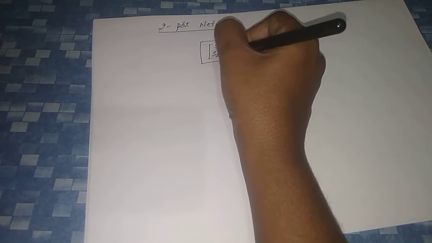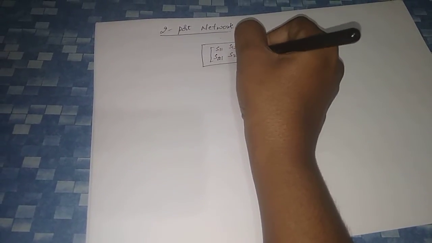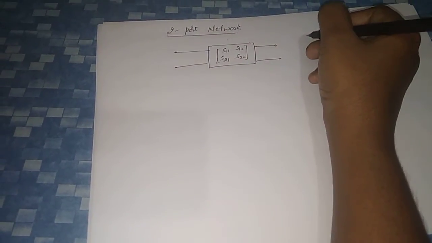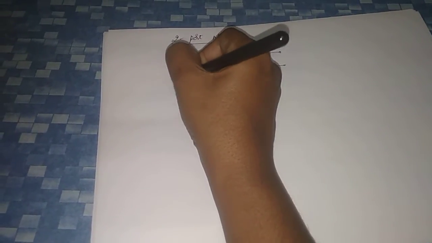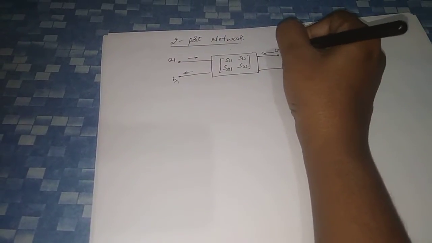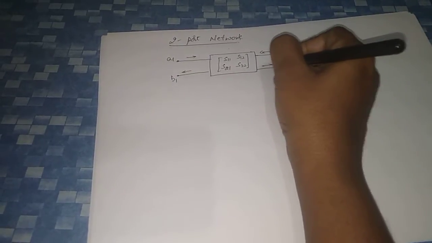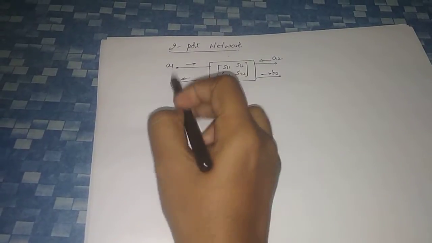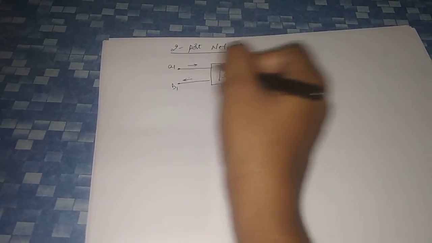It is defined by the S matrix like this. This is your incident wave A1 and the reflected wave B1. Here you have incident wave A2 and the reflected wave B2. So this is port 1 and port 2.